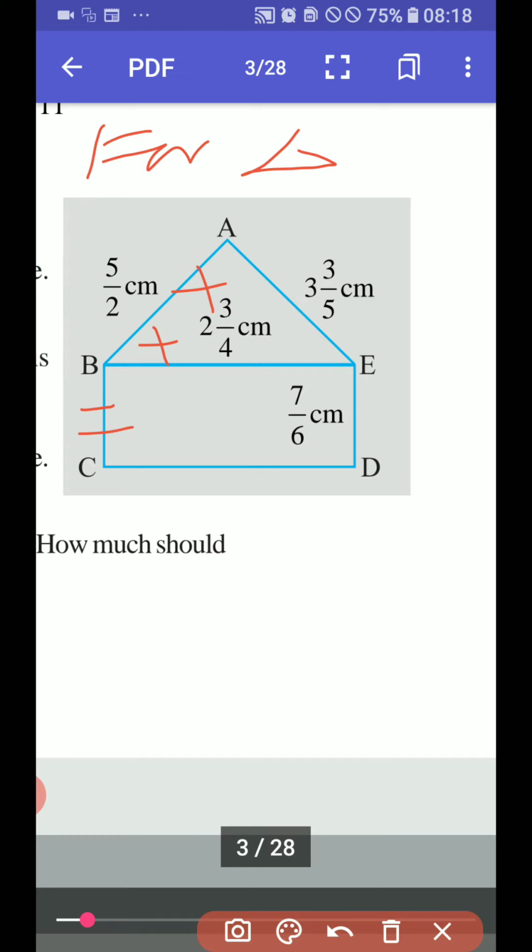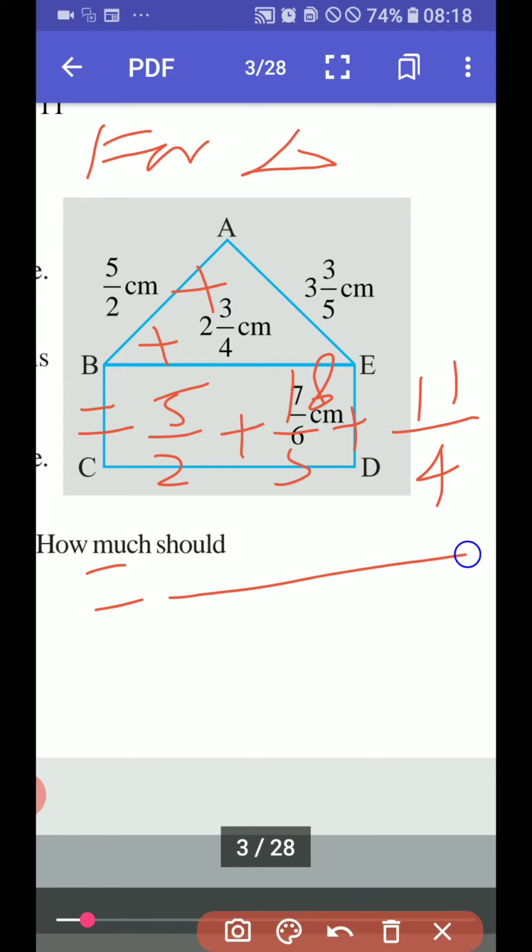That equals 5 by 2 plus 18 upon 5 plus 11 upon 4.